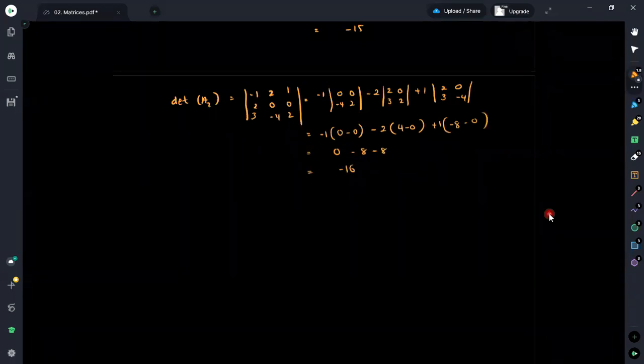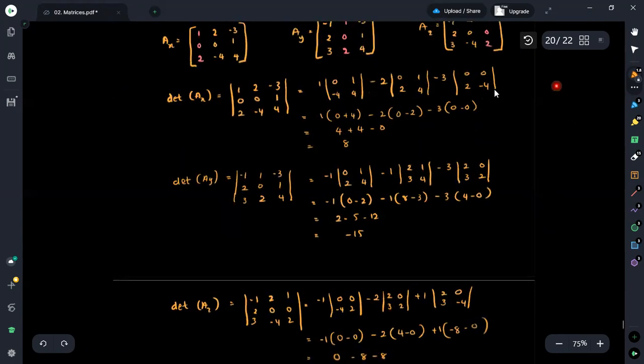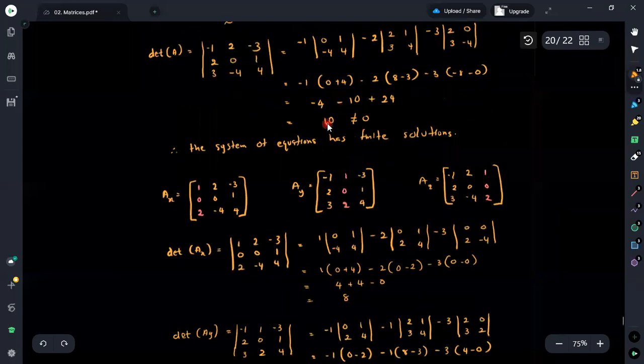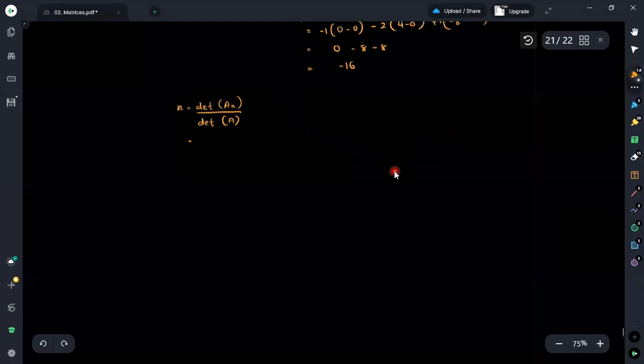Now we can calculate the values of x, y and z respectively. X can be taken as the determinant of Ax divided by the determinant of A. If you substitute the values, A was identified as 10 and Ax was identified as 8. So 8 over 10, and if you need, we can solve this further.